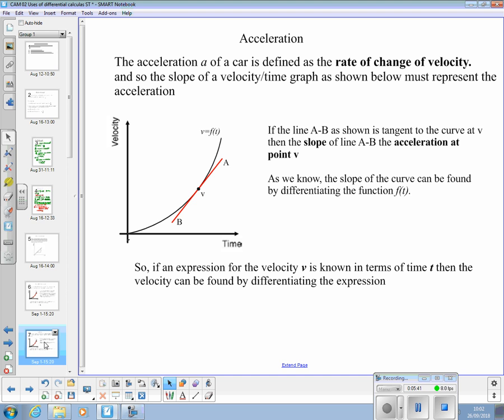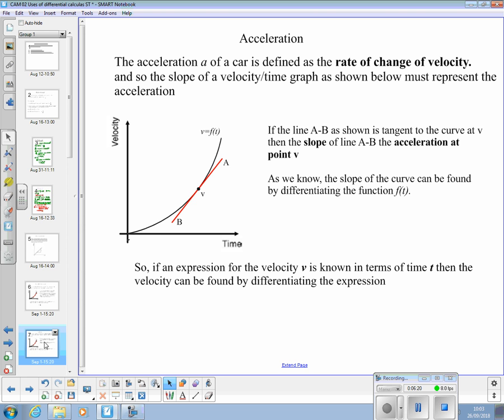Acceleration is the rate of change of velocity. We're getting so many meters per second faster every second. So we can find the slope of that curve by differentiating the function f of t, which is v. So if we differentiate velocity, we get acceleration. So if we know velocity in terms of time t, then we can differentiate that expression and get the acceleration in terms of time t.